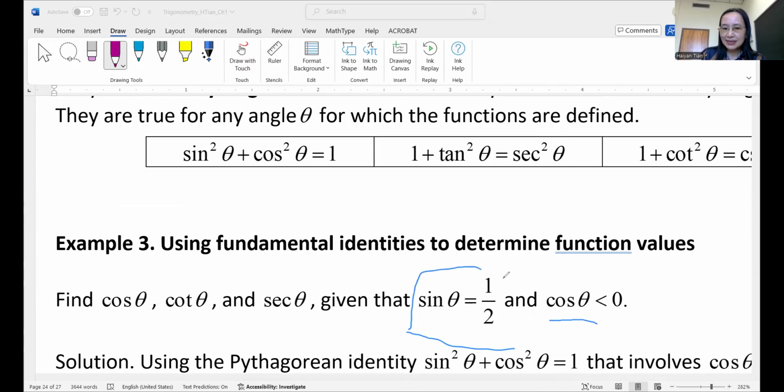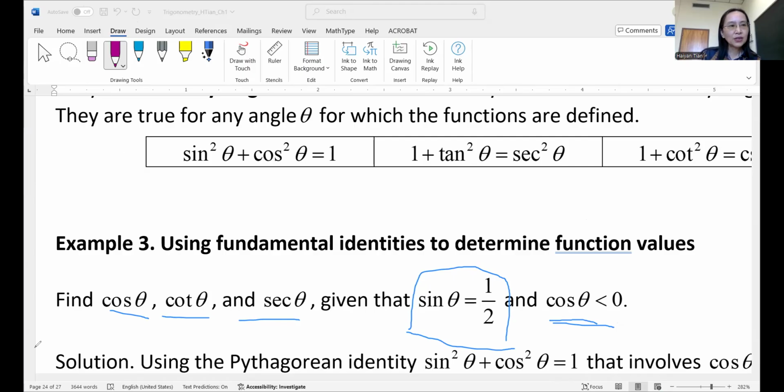From the sine, can we find the cosine using Pythagorean identities? If sine is one half and cosine is negative, can we determine the cosine value, or even determine all the other function values based on only the information given?